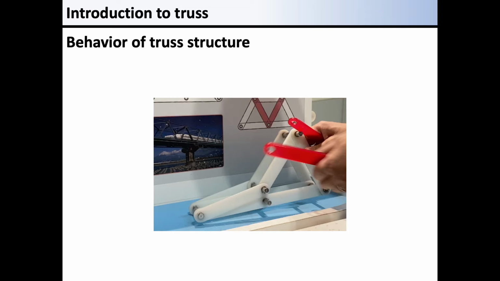These members are held together, which means they are joined together. A truss is a structure in which the members are joined together as in the structure shown in the video.